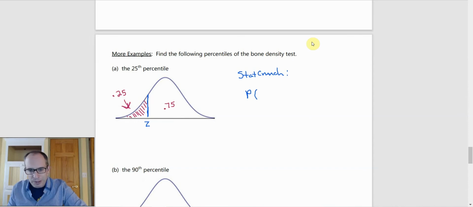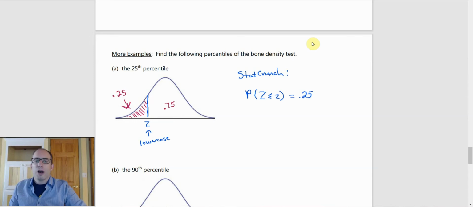So like big Z is less than or equal to little z is 0.25. So then that should be a lowercase z, right? Because that is this right here. But then we have to get little z.